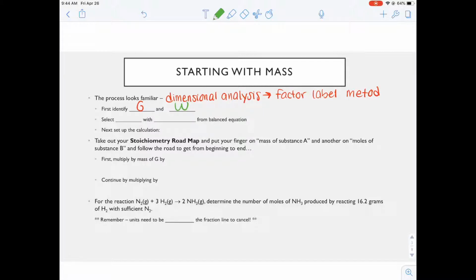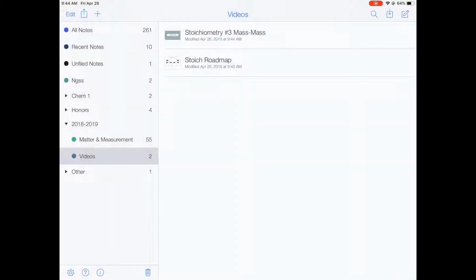Then we're going to select the mole ratios with their coefficients from that balanced equation. We need that just like we did in the past. Then we're going to set up our calculation. So take out your stoichiometry roadmap, put your finger on it, let's go look at it.